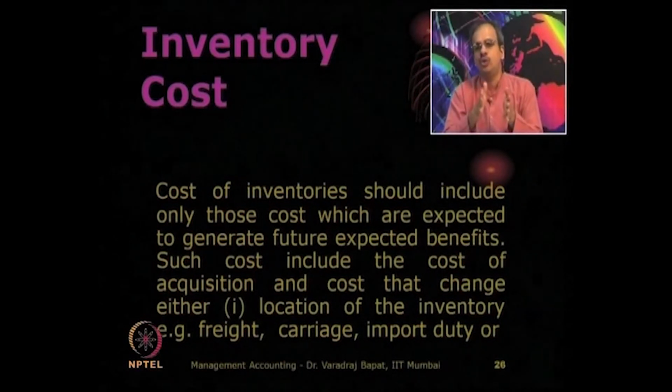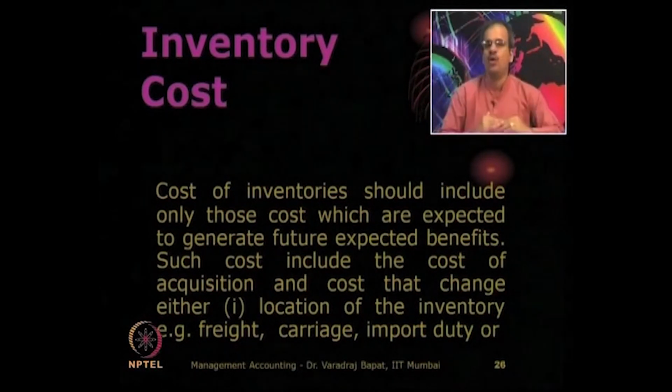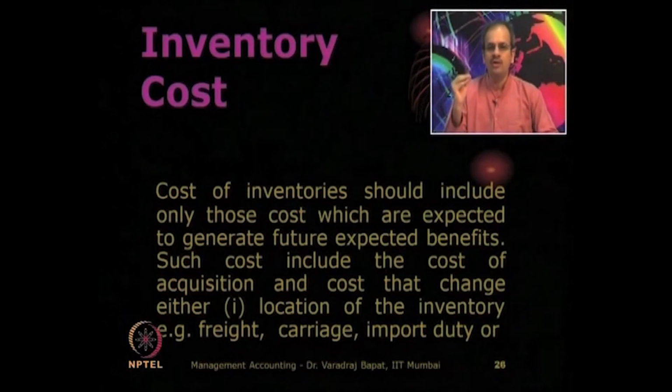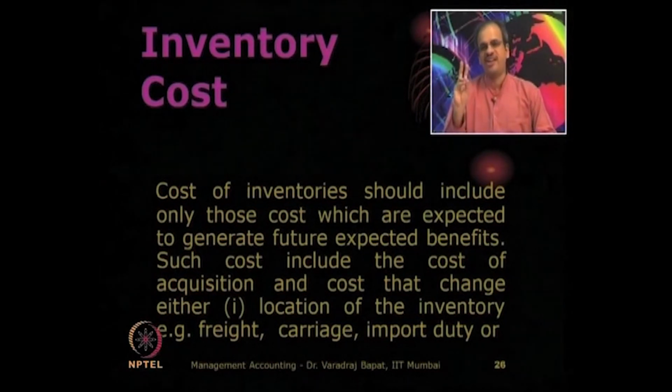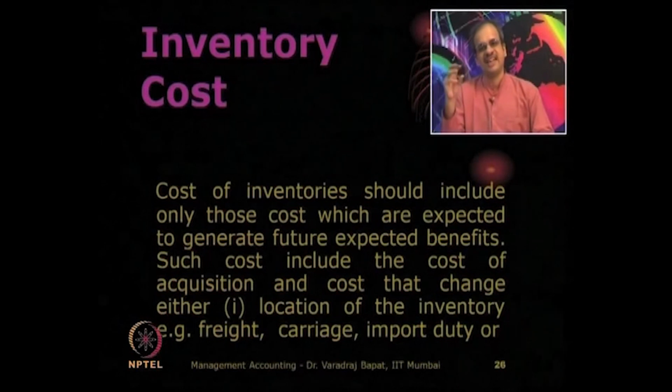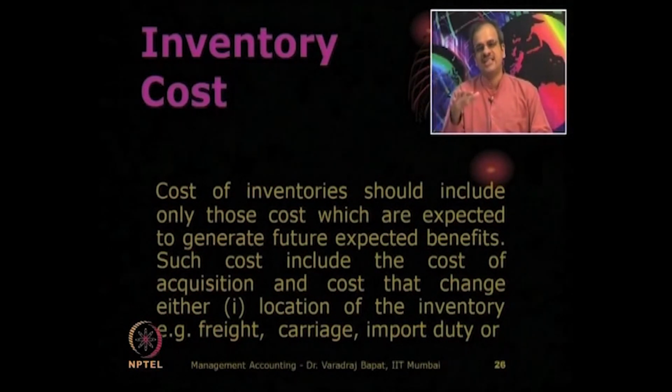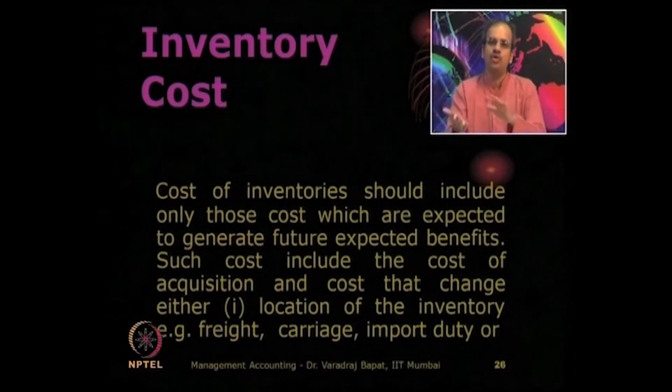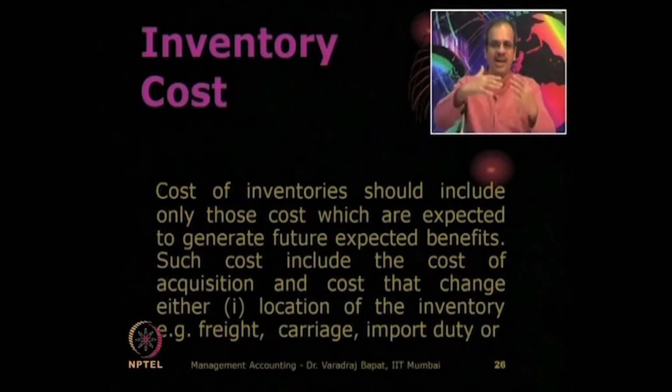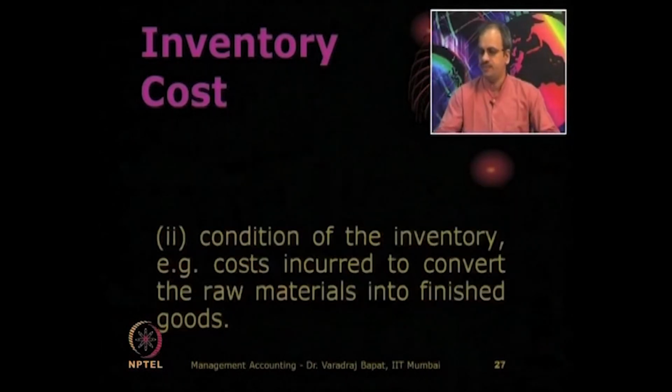So, I include all those costs to bring the inventory to my location. It will include carriage inward, freight, import duties, and taxes like octroi, which are required to be paid to change the location of inventory and bring it to my place.